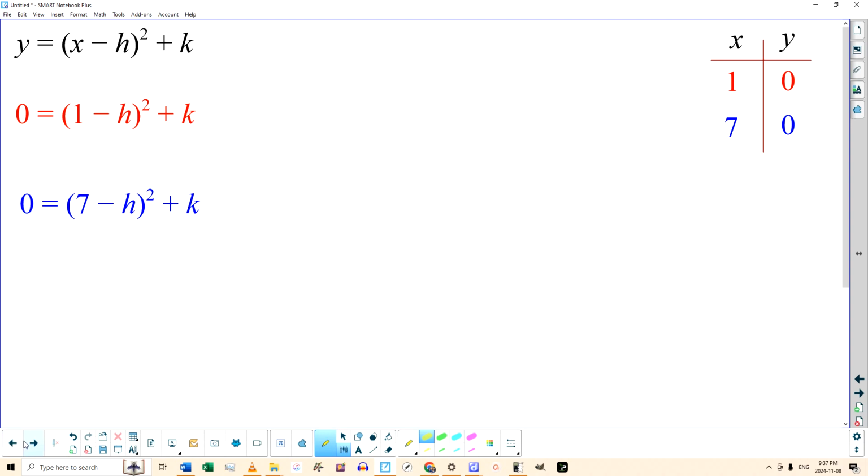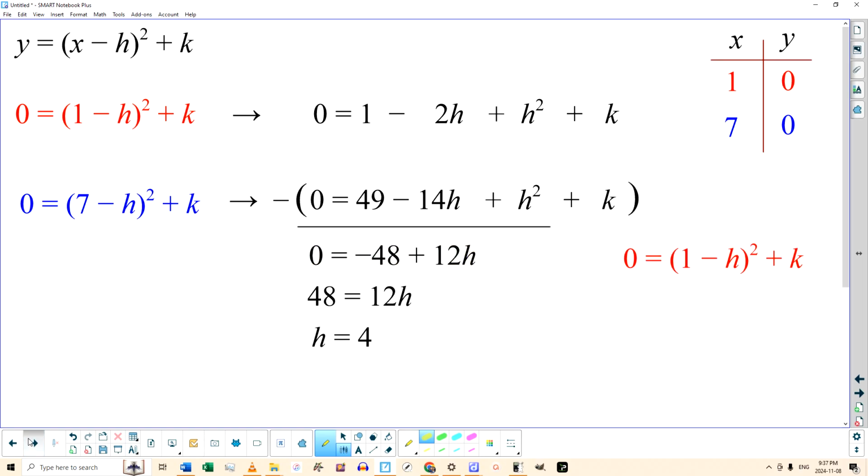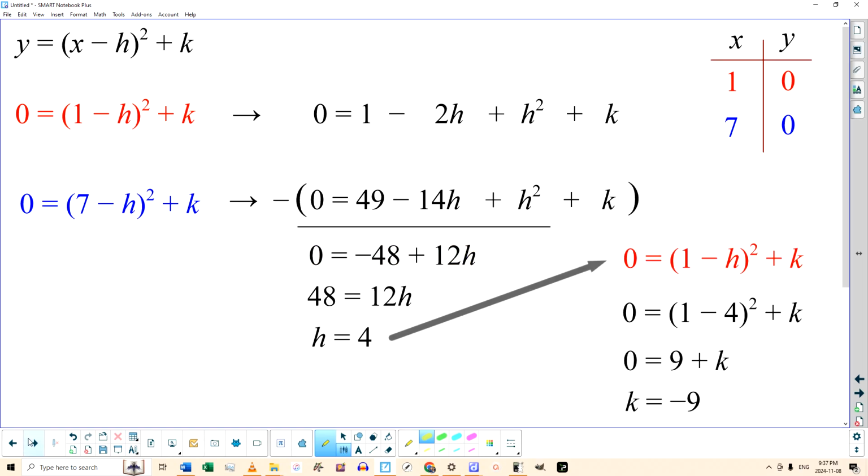Very often in these types of Math 30 questions, you have only one missing parameter, so you only need the coordinates of one point. But in this particular example, just a quick summary here, you have to use a point to find an equation, use a second point to find a second equation, solve that system of equations, which we went through, to find the two parameters, and then you can answer the question.